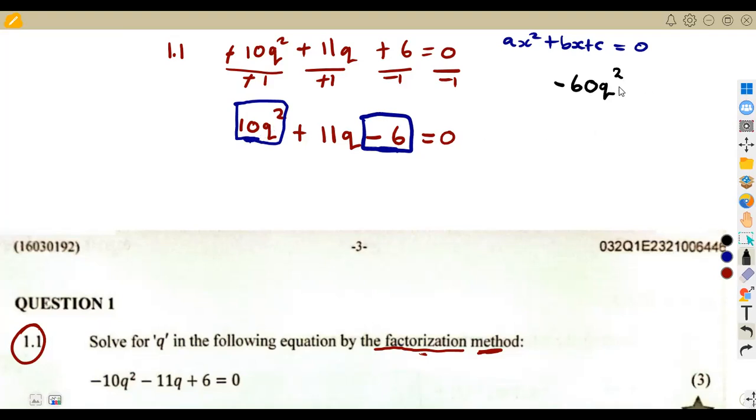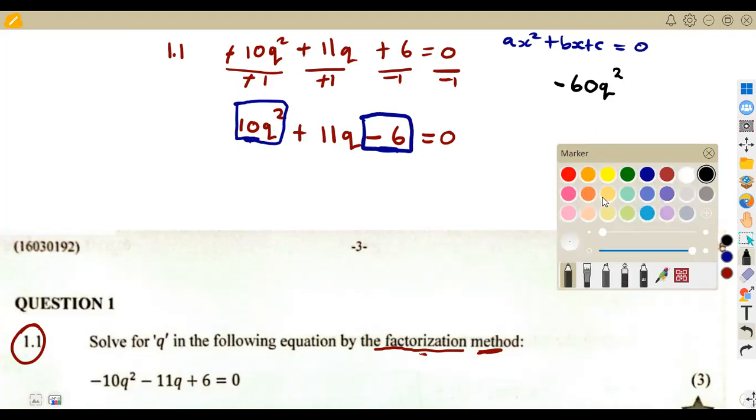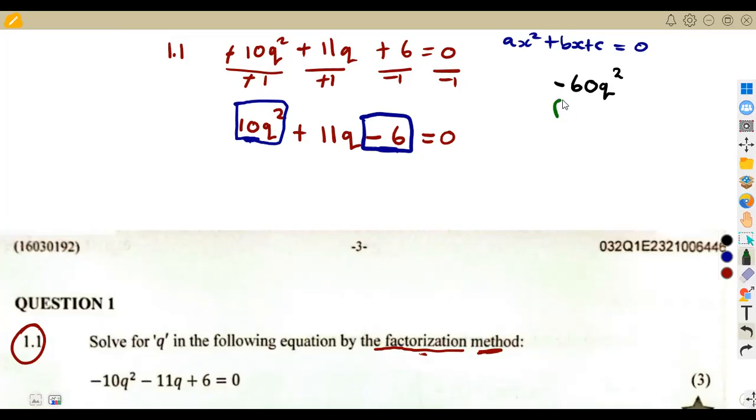Then I told you that you're going to need the factors, which are called the products. Here you are going to need two numbers or two factors that you're going to consider, that if we multiply the two terms, they must give us negative 60q squared.